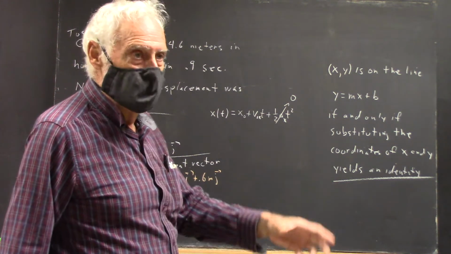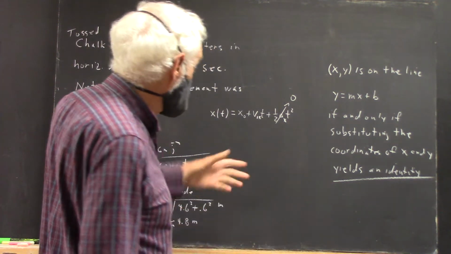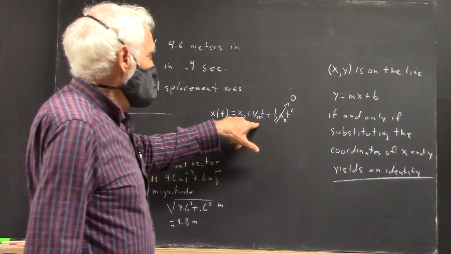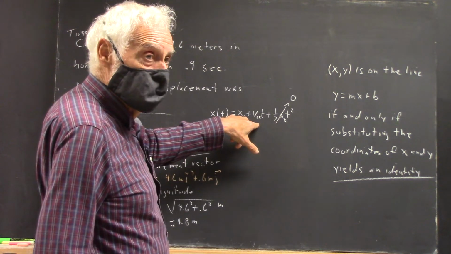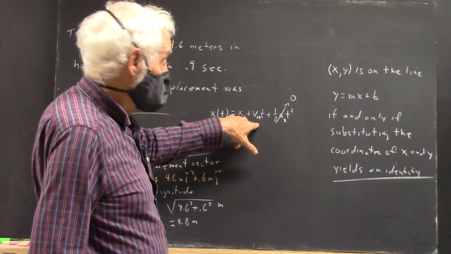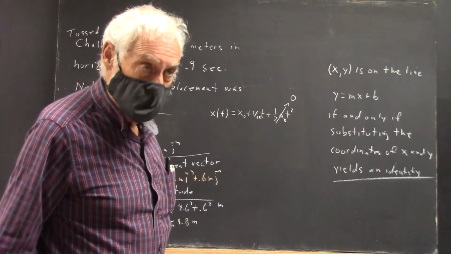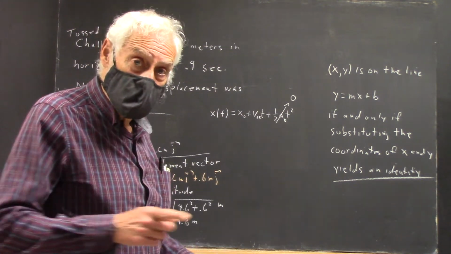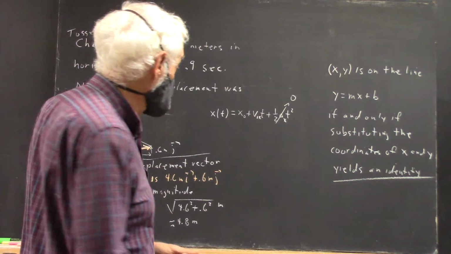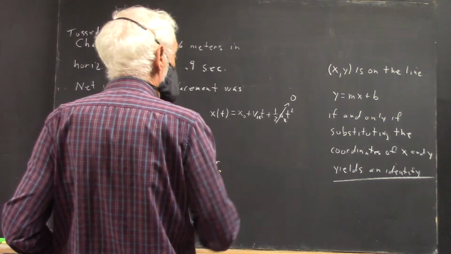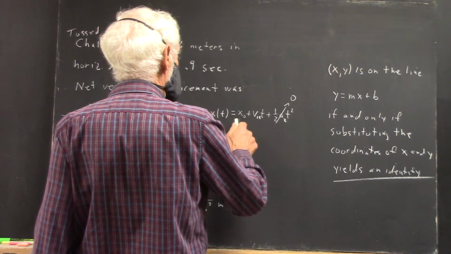Now you make certain assumptions and you get equations that can be solved, and they're pretty close. Anyhow, V naught x, well, that's whatever the velocity was in the x direction when I released the chalk. X naught, we might as well call it 0.